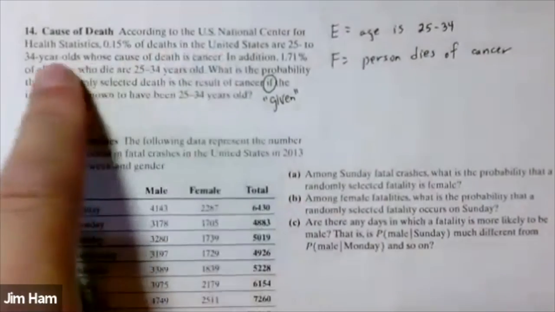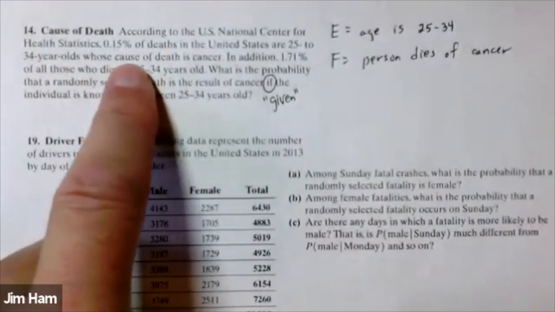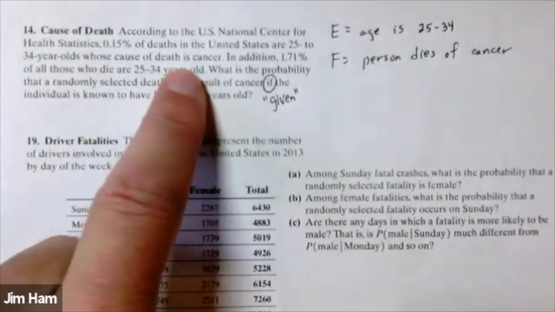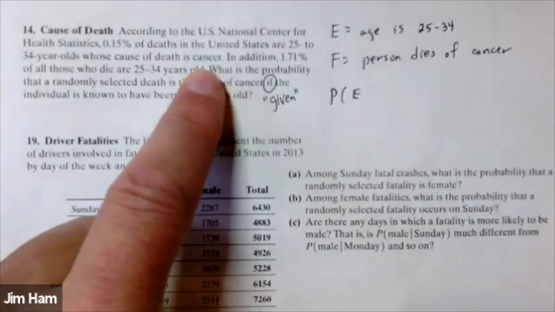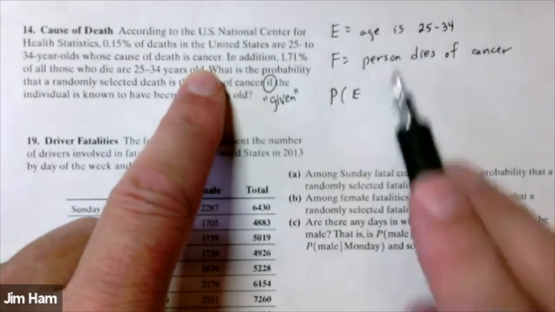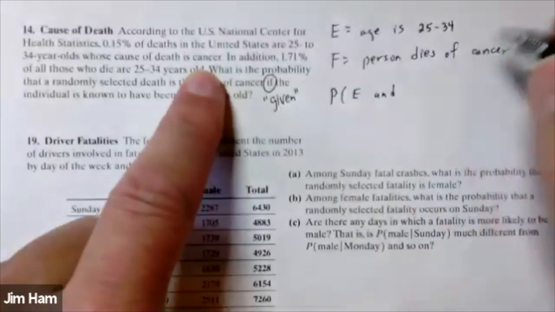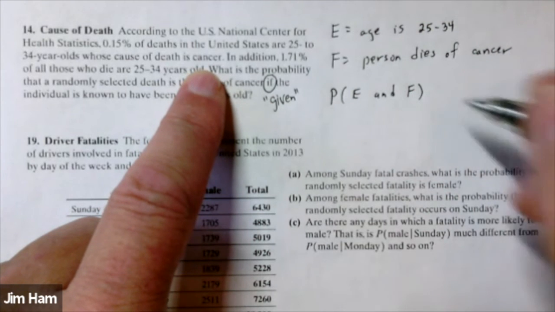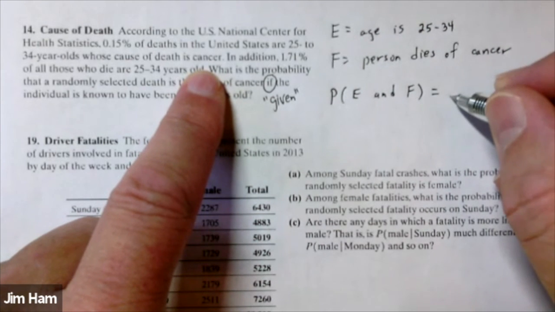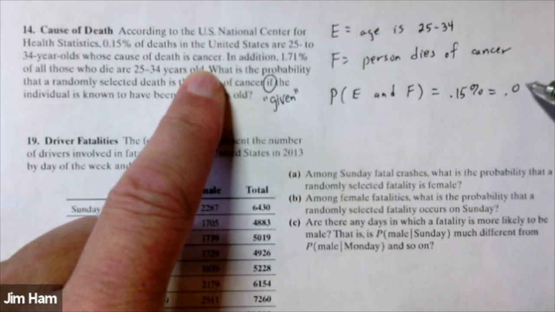According to the National Center for Health Statistics, 0.15% of deaths are to those folks whose cause of death is cancer. So the probability that the age is 25 to 34 and the person dies of cancer, E and F, is equal to 0.15%, or 0.0015.